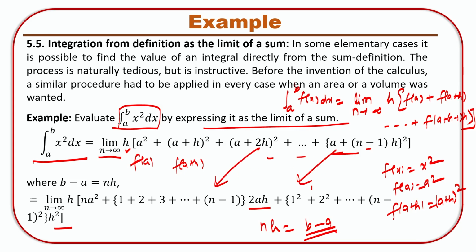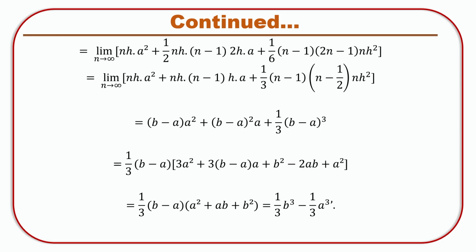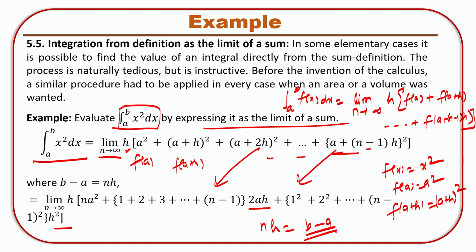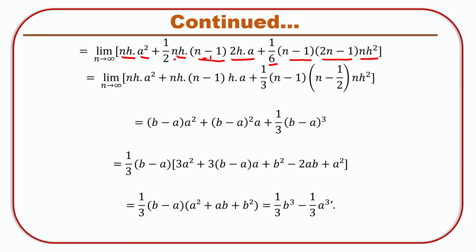So, you just simplify it using the given formula, and again we have to simplify. So, limit n tends to infinity of nh a square plus half of nh into (n minus 1) into 2a h plus one sixth of (n minus 1)(2n minus 1) n h square. And how did we reach this conclusion? See, this is the sum of the natural numbers up to n minus 1. So, what is the formula? That is n into the next term, n into n minus 1 divided by 2.